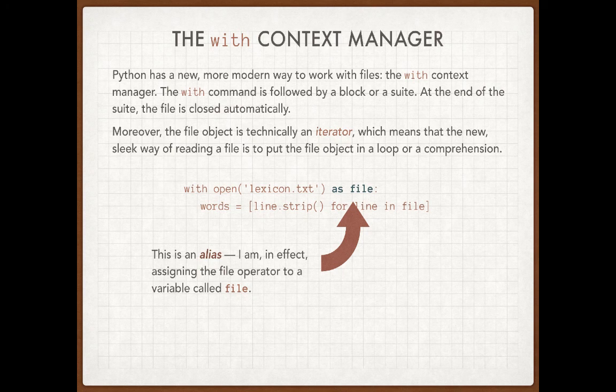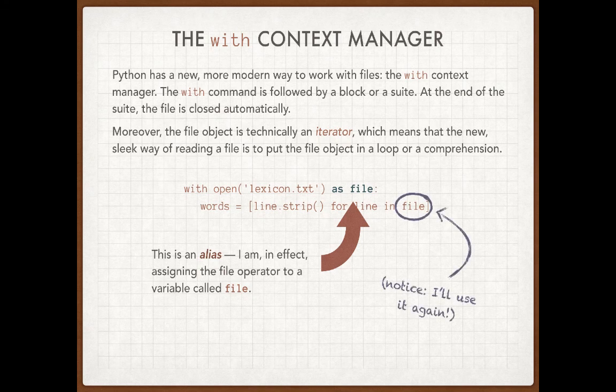Remember earlier we did it the old-fashioned way, and I created a variable called pipeline, and I put the file object into a variable called pipeline. I'm just doing the same thing here. But because I'm using the keyword as, technically this is called an alias. But I can use file now in subsequent code just like it's a variable. And you'll see this in Python all the time.